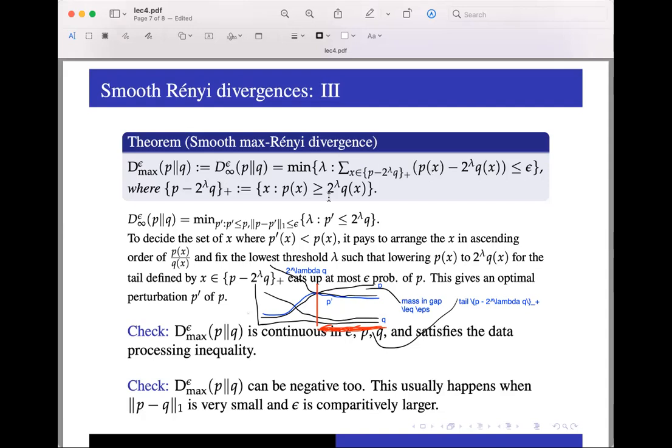This threshold defines this set, this subset of the sample space. Now what do I want? I want to evaluate this linear function Px minus 2 to the lambda Qx over all little x belonging to this subset.